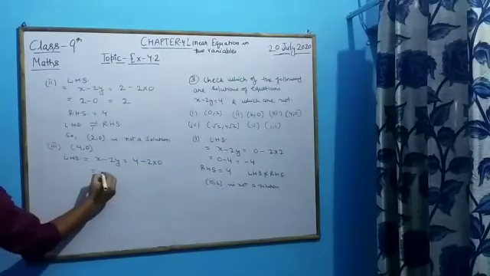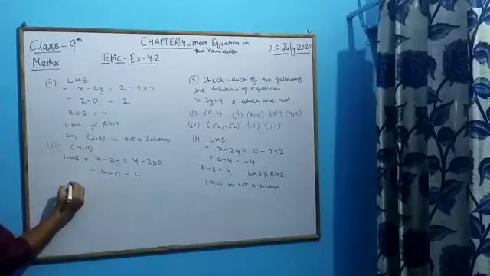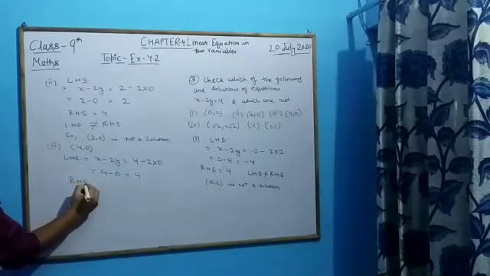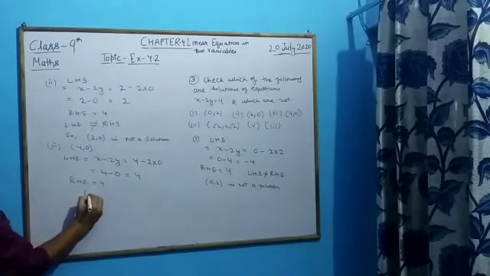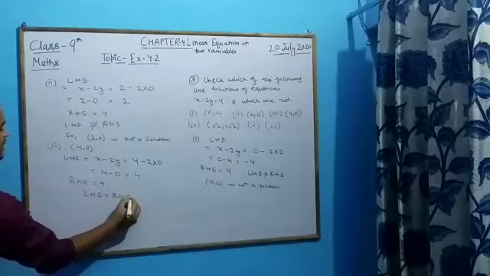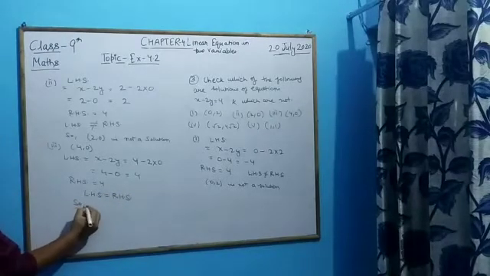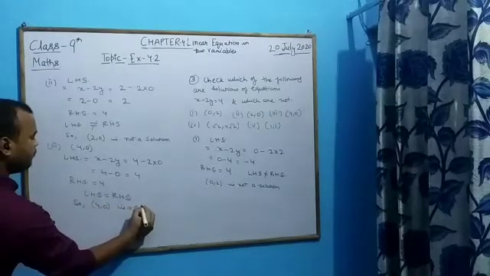It will be 4 minus 2 into 0, that is 4. And what is right hand side? Right hand side is 4. Both are equal. We will write it as LHS equal to right hand side. So 4 comma 0 is our solution.